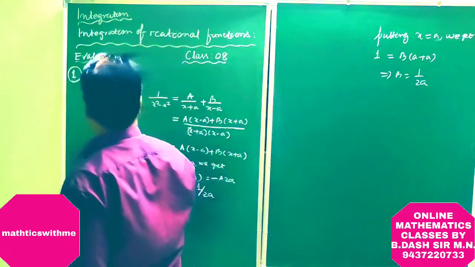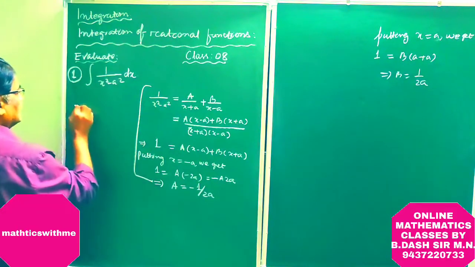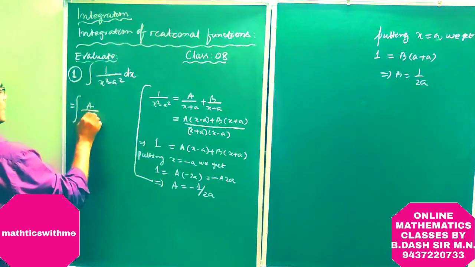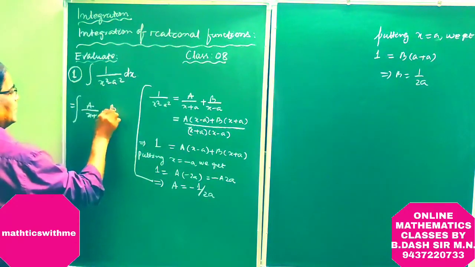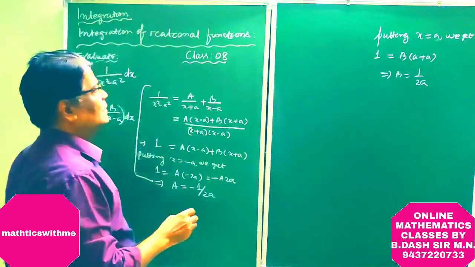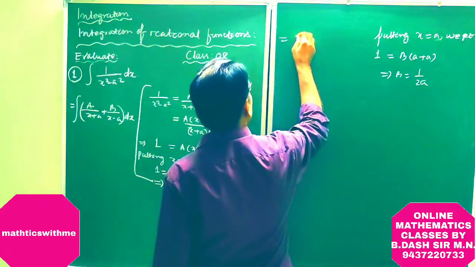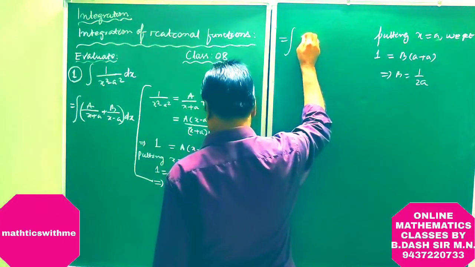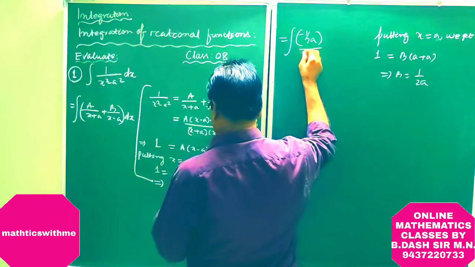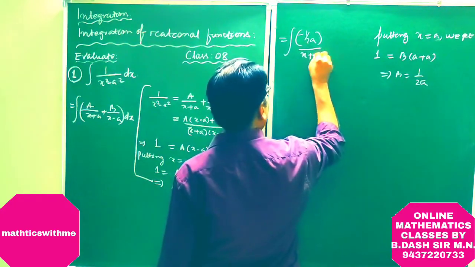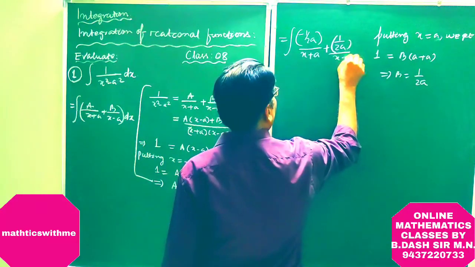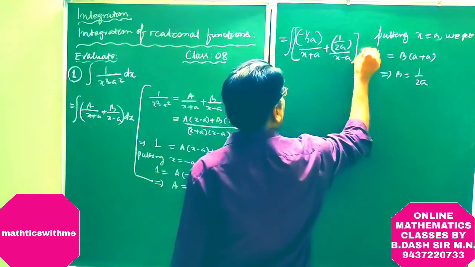So the given integral is equal to the integral of A by x plus a plus B by x minus a dx, which, putting the values of A and B, is minus 1 by 2a by x plus a plus 1 by 2a by x minus a dx.